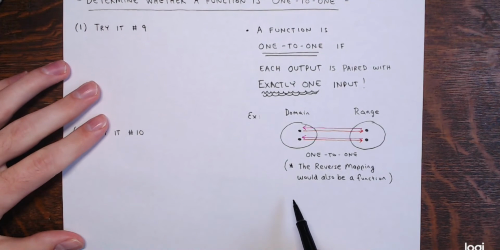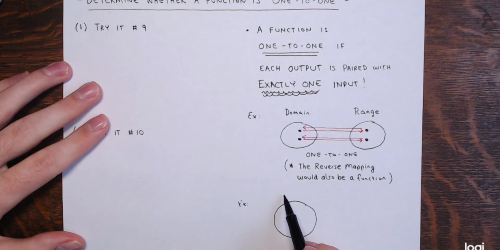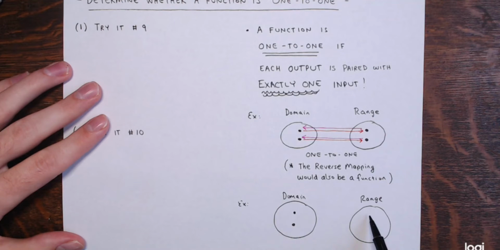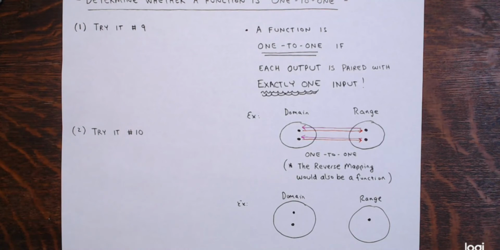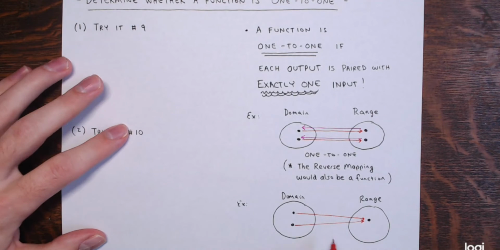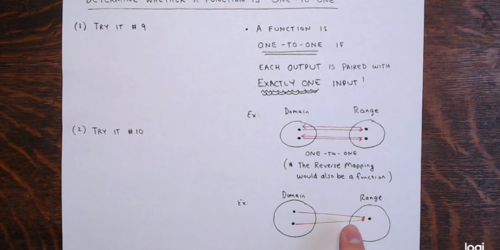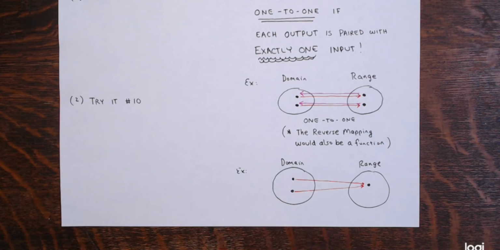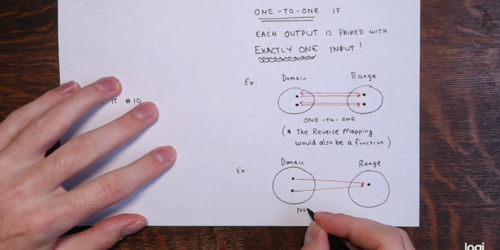Now another example with a swift picture and just a domain and range. Now here's a function. Again, I got two elements here. It's still a function. Each element in the domain corresponds to one element of the range. That element, and this element of the domain corresponds to that element of the range. There's only one arrow coming off. So this is a function, but this is not one-to-one.